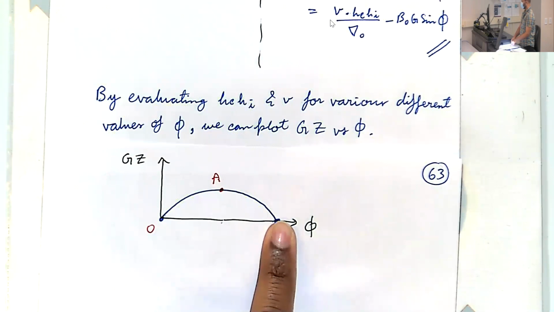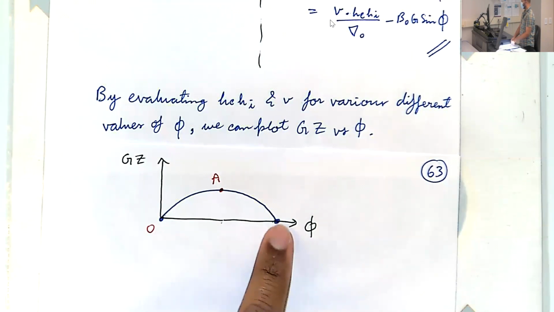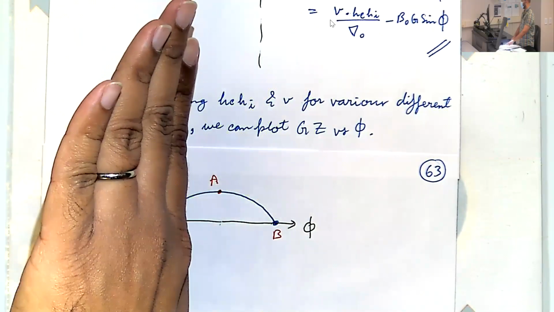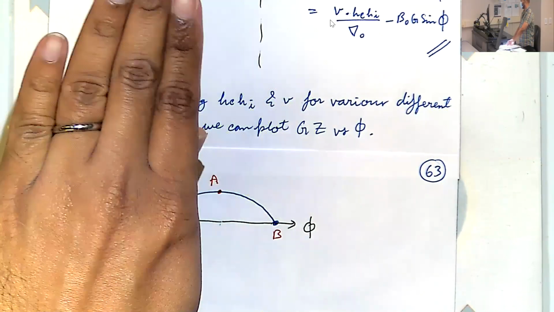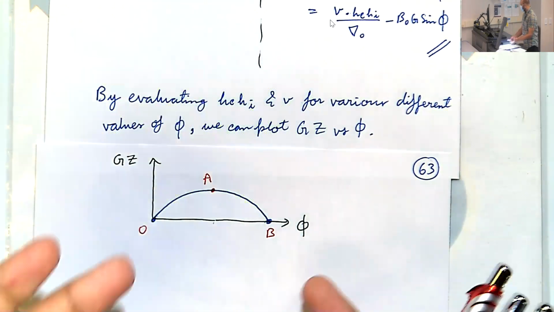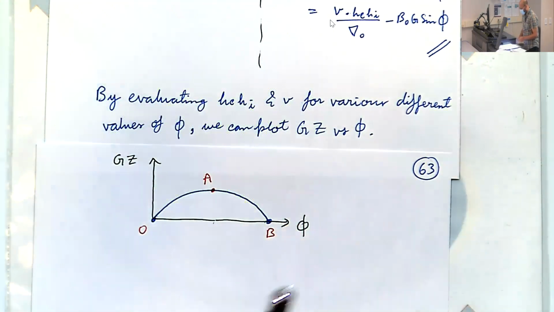Yeah, once you reach this point, there is no longer any restoring torque trying to upright your ship. So if you cross that, you will capsize. Okay, so this sort of a graph is very, very useful. This is called a curve of statical stability.